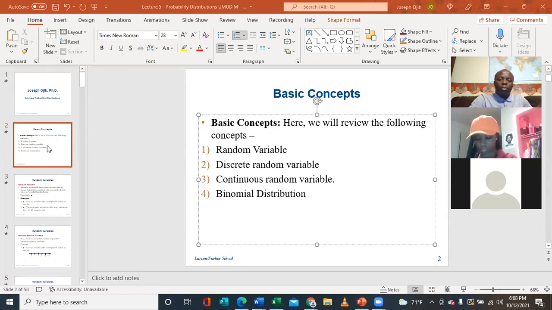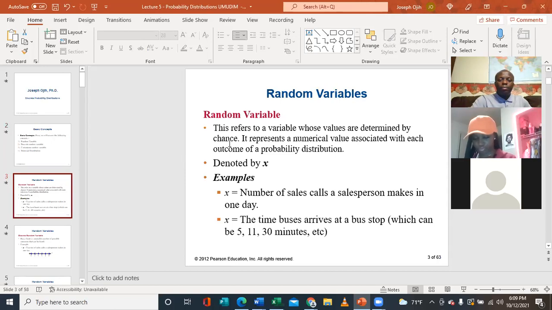Now, we'll be looking at random variable. A random variable is any variable whose values are determined by chance. We use X to denote a random variable.